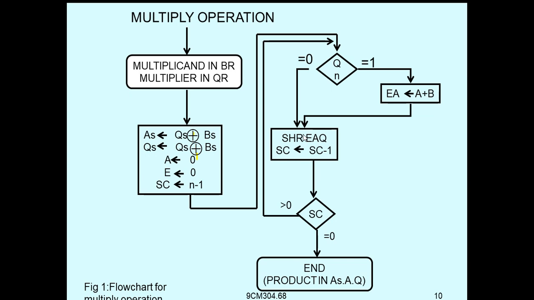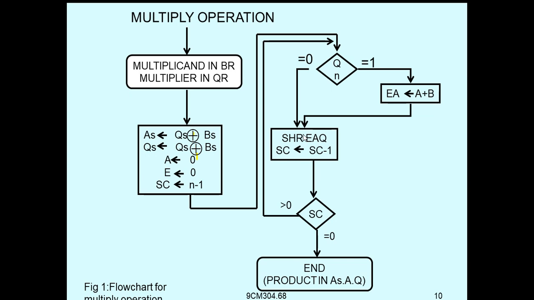If it is 0, then we simply perform the shift right operation and then decrement the SC. And once again you have to check whether the sequential counter reaches 0 or not. This process, shifting operation and addition operation, is performed successively until the SC becomes 0.